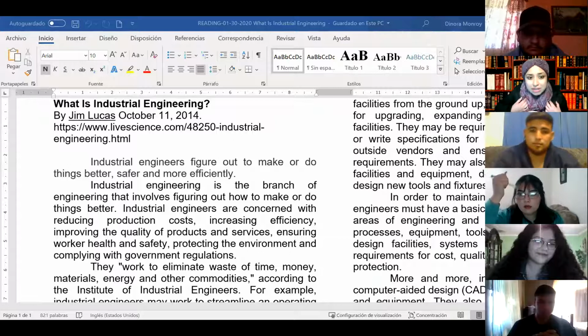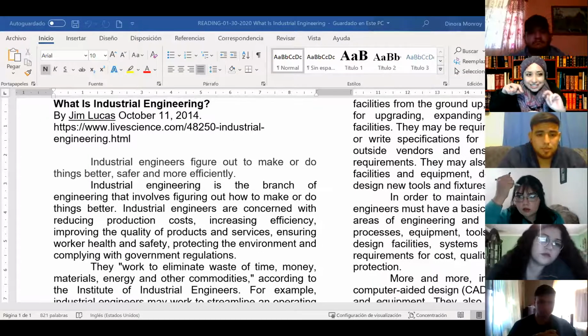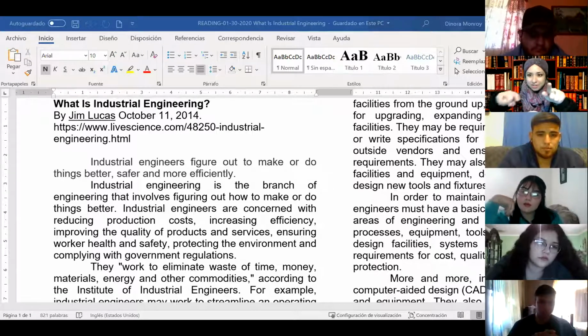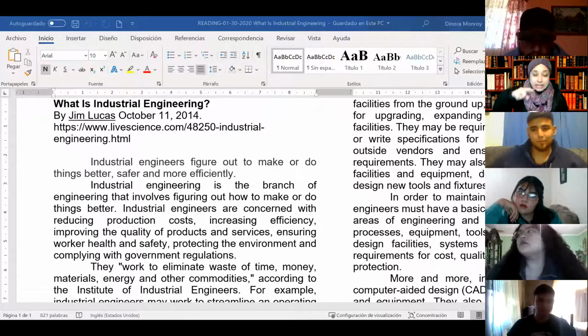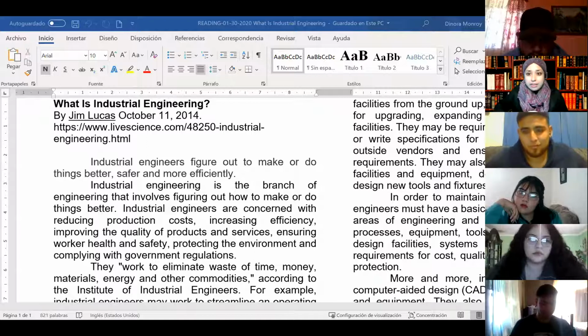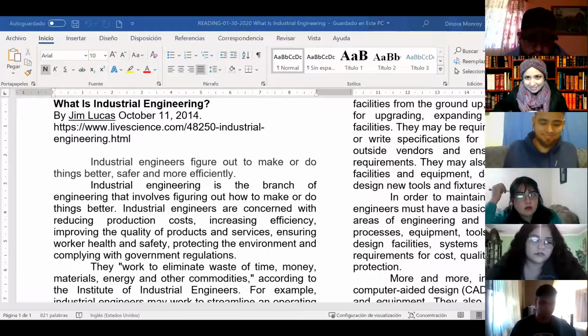I'm going to start reading, but I'm only going to read the first 2 lines. And then one of you is going to continue, another one of you is going to continue, and so on. Everybody's going to be reading. And what I want you to do is to start practicing speaking while you are reading. So everybody here that is present is going to participate. Even if you cannot show your webcam, that's okay.